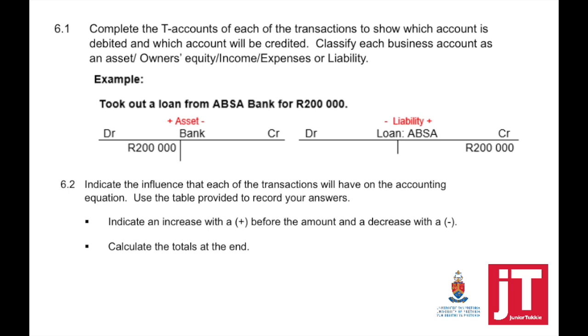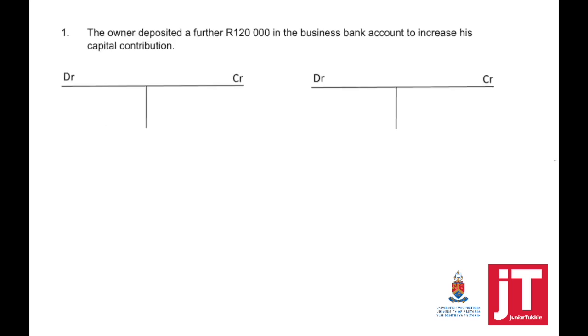We use the T accounts as a tool for us to know which account is debited and which account is credited. Then we classify each account so that we can know if our assets will increase or decrease, and the same with owner's equity and liabilities. We are now going to complete each transaction by answering question 1 and question 2.